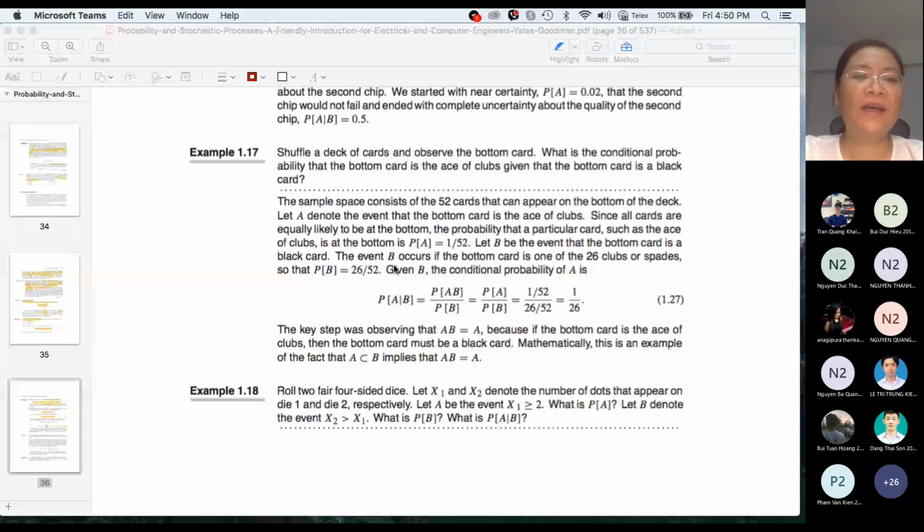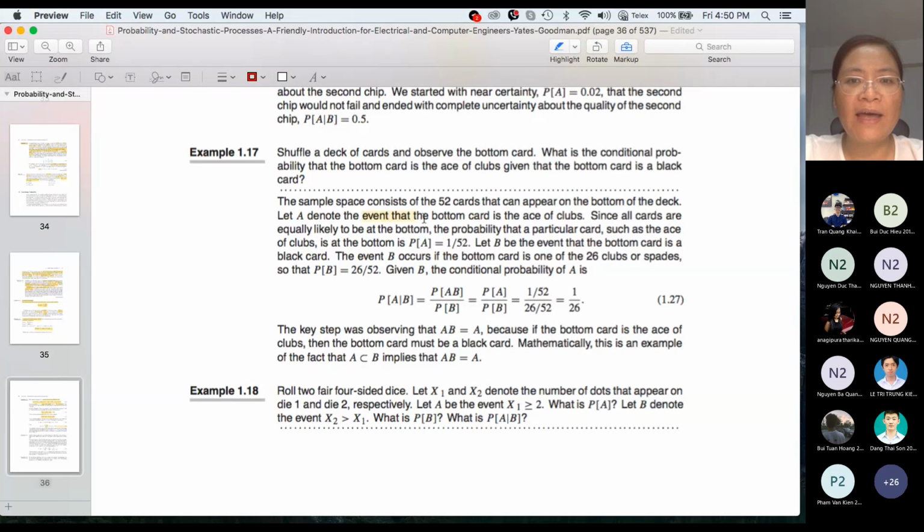We continue with conditional probability. Shuffle a deck of cards and observe the bottom card. What is the conditional probability that the bottom card is the ace of clubs, given that the bottom card is a black card? We consider A is the event that the bottom card is the ace of clubs, and B is the event that the bottom card is a black card.